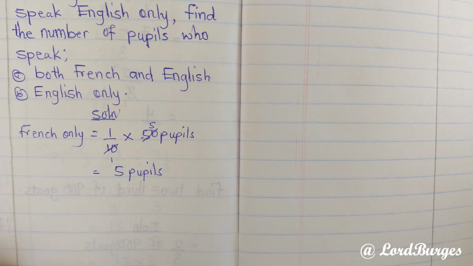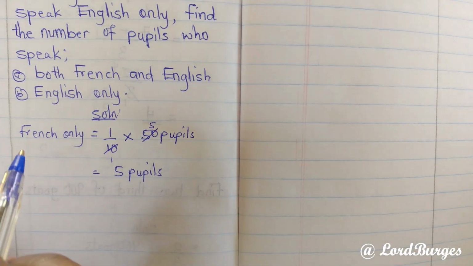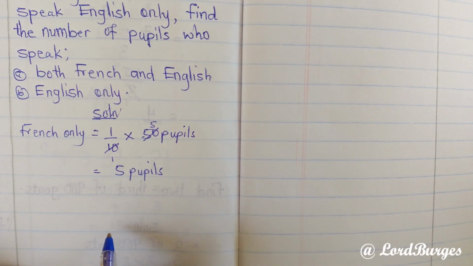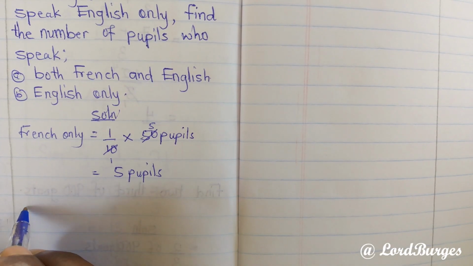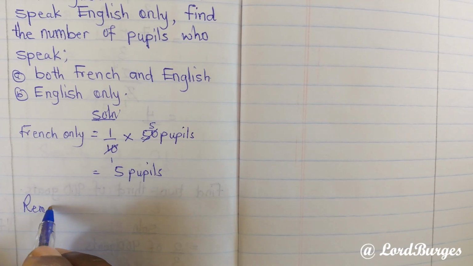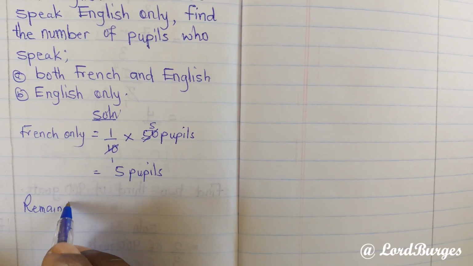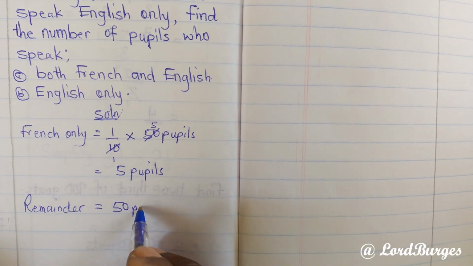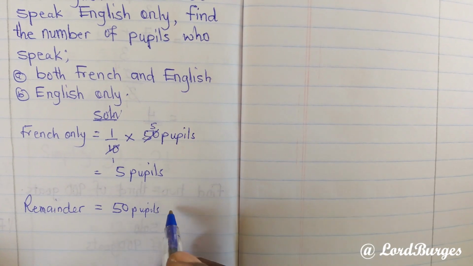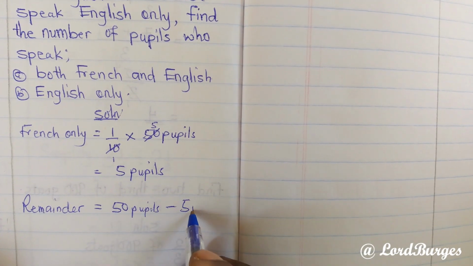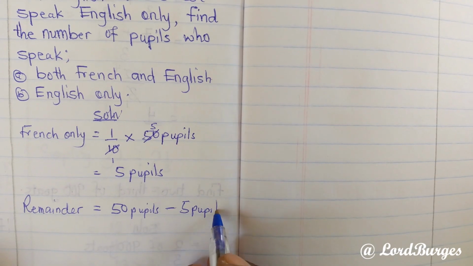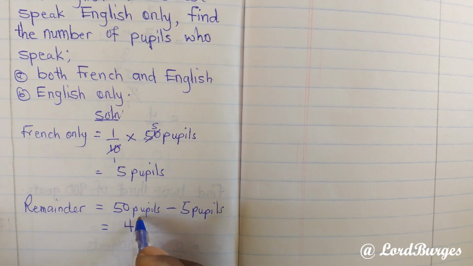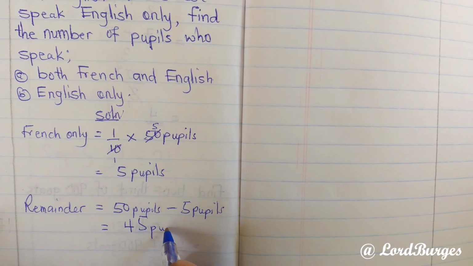Now, they said 4/5 of the remainder. It means we need to find the remainder. So the remainder will be the 50 pupils minus the 5 pupils, which is giving us 45 pupils.